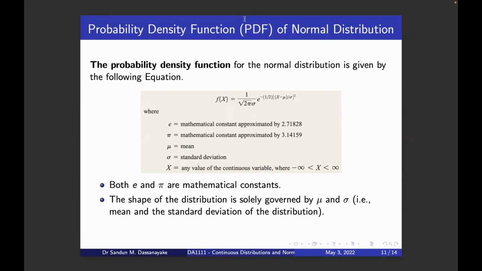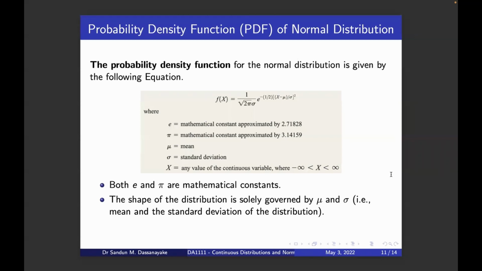Within that range, the function exists for any given x value. But there are step functions where the function is defined on a given range. So they are different things. The good thing about the probability density function for a normal distribution is that it is defined on the open boundary from negative infinity to positive infinity.